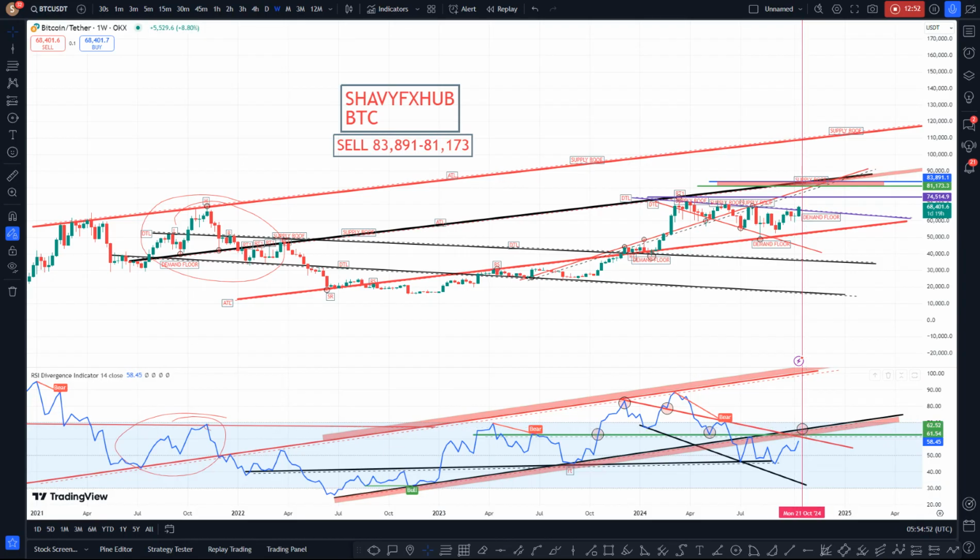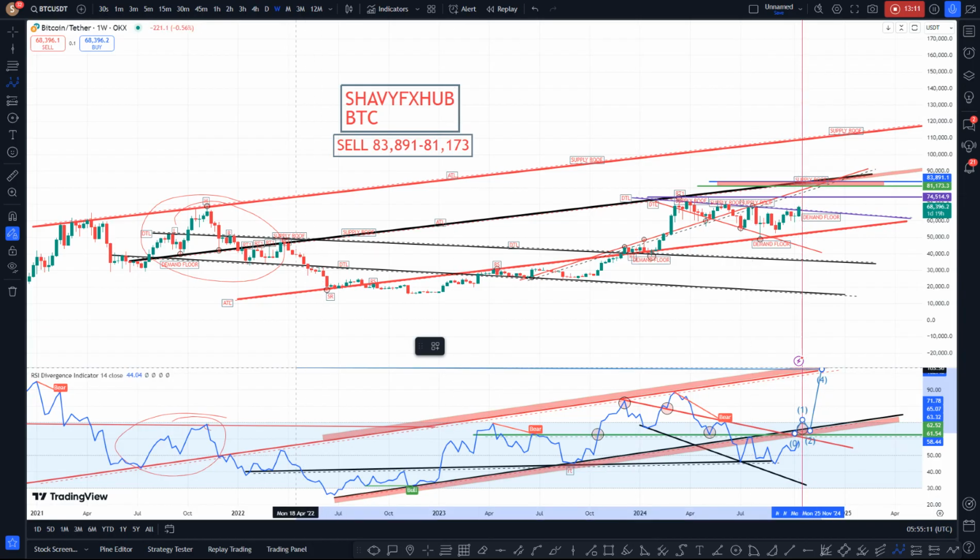However, if the impulse leg is strong enough to break this structure, then it makes way for a further uptick. The further uptick to complete this channel will be a push into a supply roof that completes the neckline that was broken in 2021.